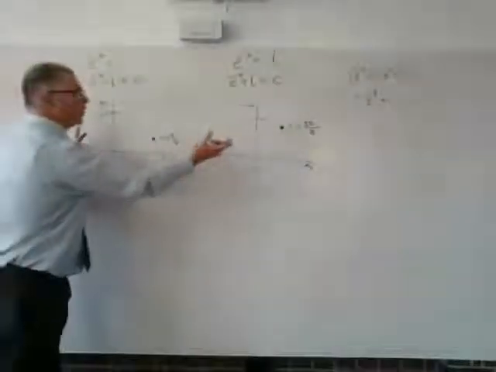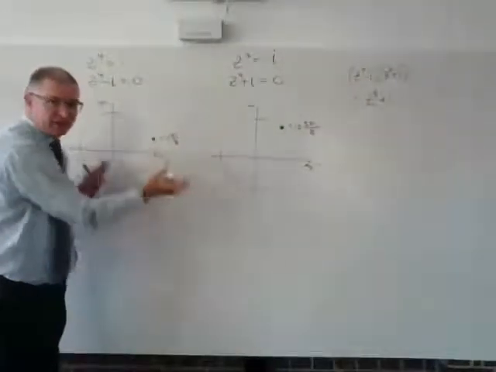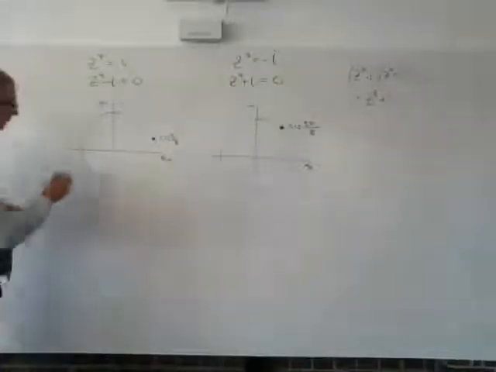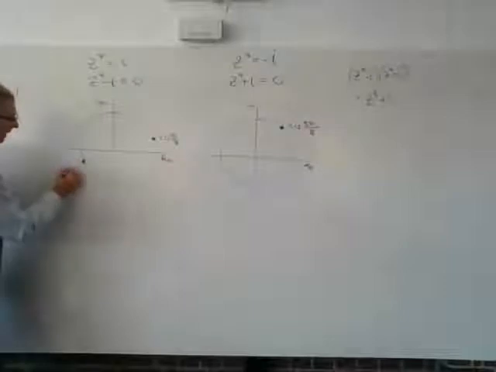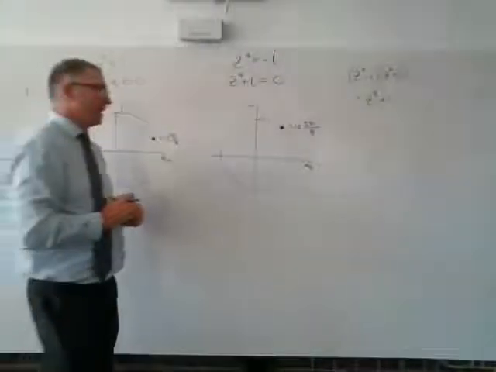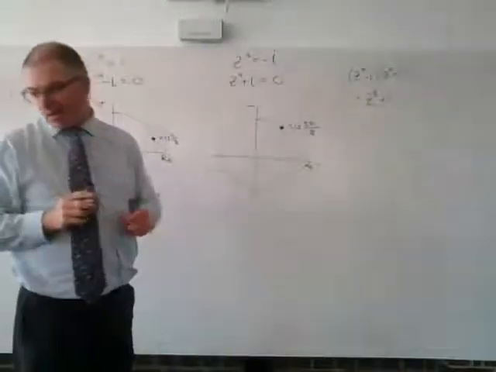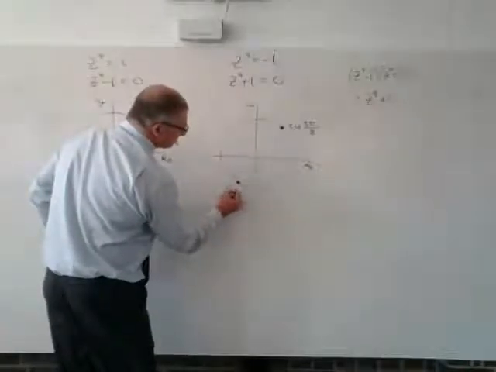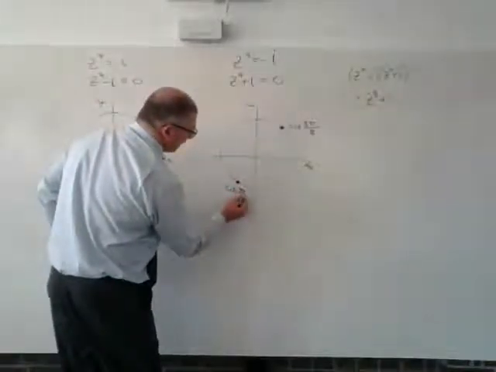So if I were to combine them, they would be evenly spaced. Okay, so that's cis of pi on 8. We're going to come over here and have cis of minus 7 pi on 8. And of course, we can come over here and have cis of minus 3 pi on 8 for this one.